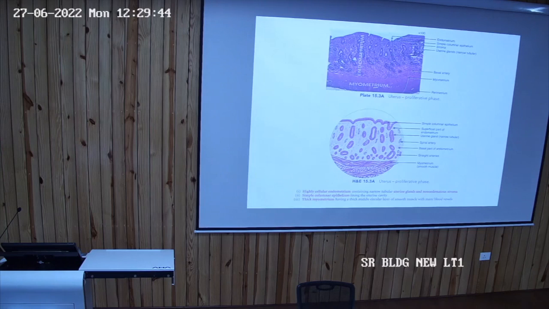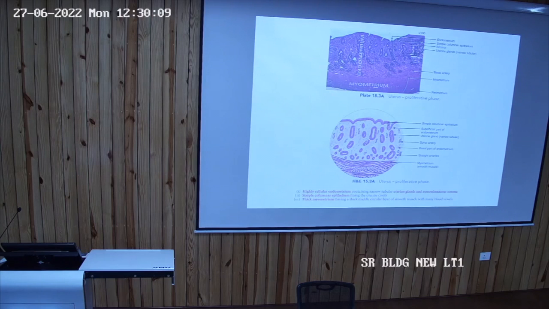Then we come to the third slide, that is the uterus. We divide the uterus into layers: the innermost layer is called the endometrium, the middle layer the myometrium, and the outer one the perimetrium.